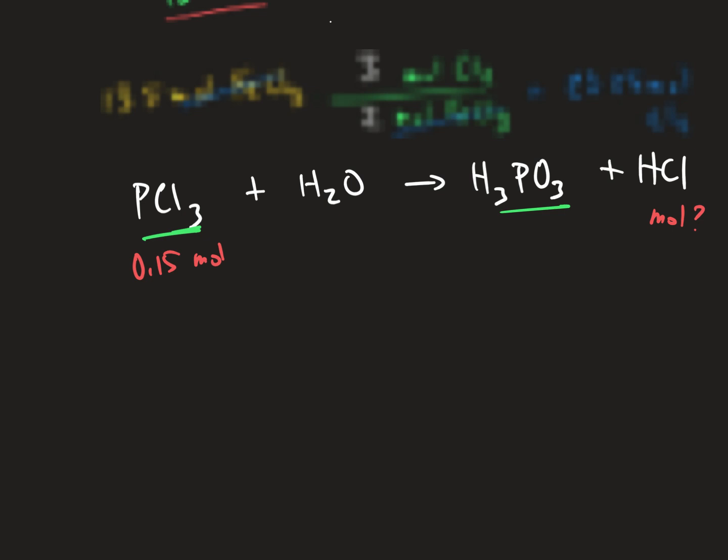H3PO3, okay. Should we start with hydrogen, phosphorus, or oxygen? Hydrogen. Now, in general, I would leave this one for last. Why? Because it's everywhere. Appears multiple times on one side. But let's try it, see what happens.